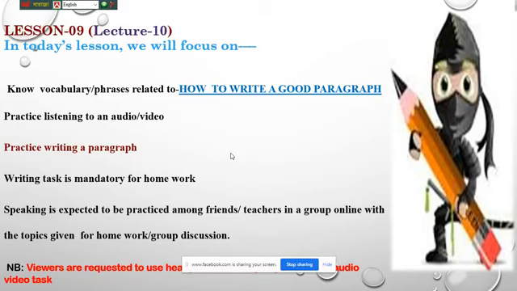In my last lecture, I gave you an audio clip about how to write a good paragraph, and then practice writing a paragraph. We have to practice how to write a good paragraph, and the writing task is mandatory for homework.